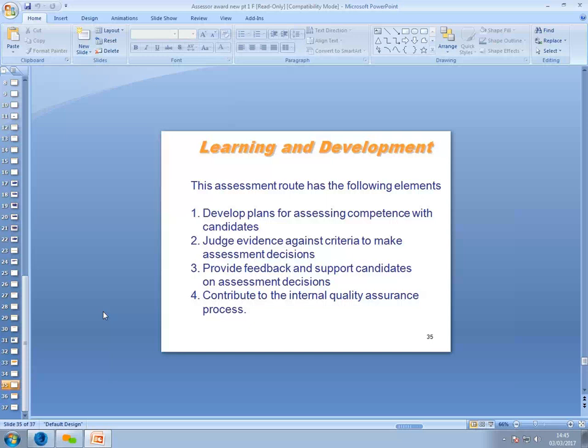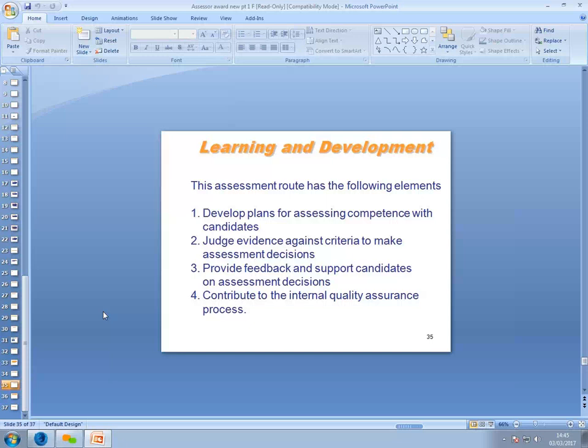A lot of the time, people will look at a whole range of things and not really look at the detail of what needs to be done. So developing a plan for assessing competence needs to be done thoroughly.